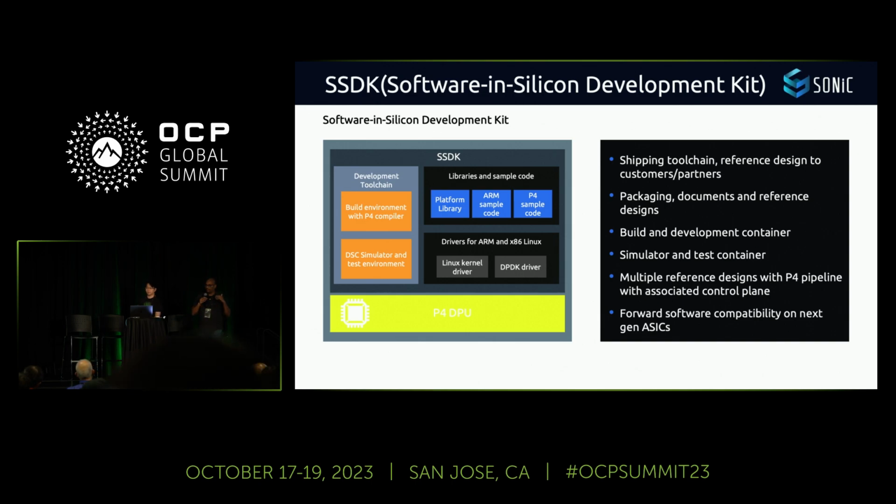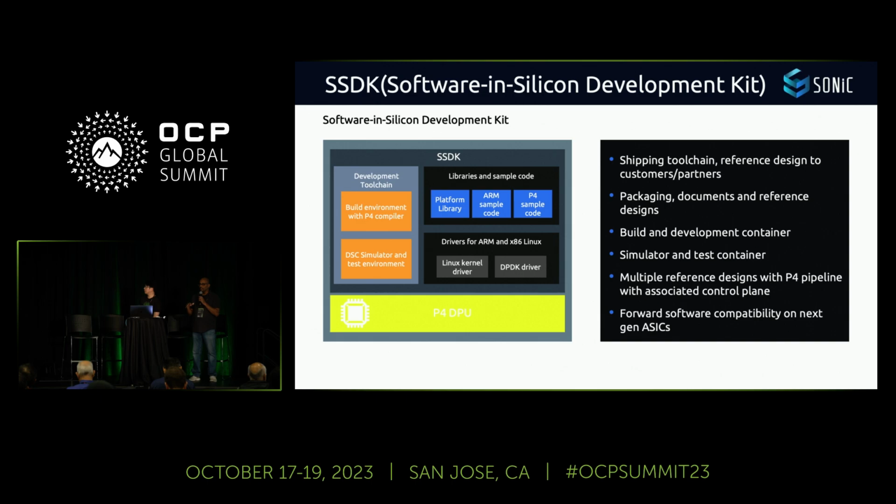On top of that, there is a platform library for handling platform-specific stuff like sensors and interfaces. There is also some ARM sample code and P4 sample code. These sample codes are typically more point solutions, for example just for IPsec or just for NAT or just for policy lookup and stuff like that.